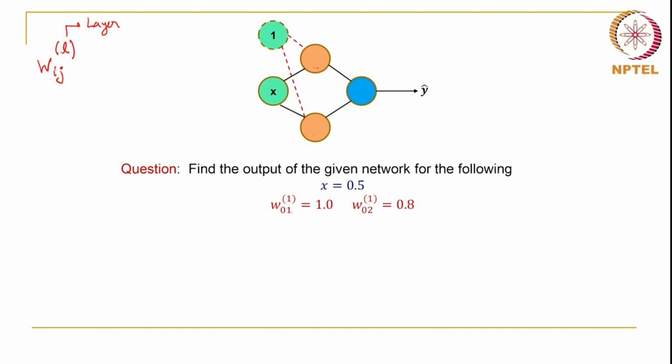Layer 2 similarly would be the layer between the hidden and the output. And you can imagine as we keep on going further and further, we can add more and more layers. So the superscript L represents the layer. So when I say W_01^(1), I know that I am referring to a weight in the first layer, okay, in between the input and the hidden layer.